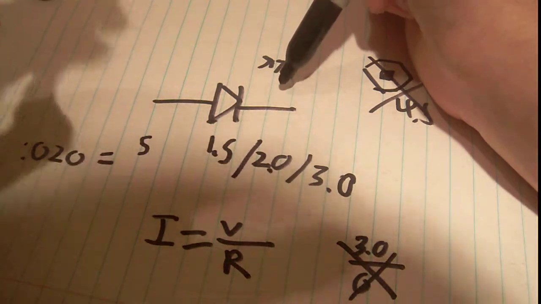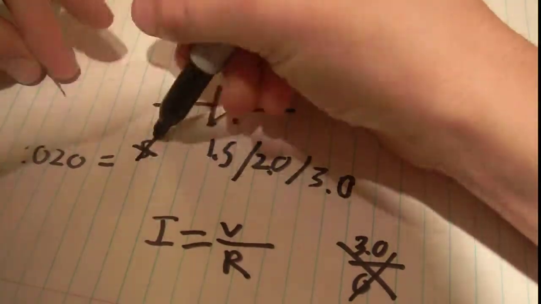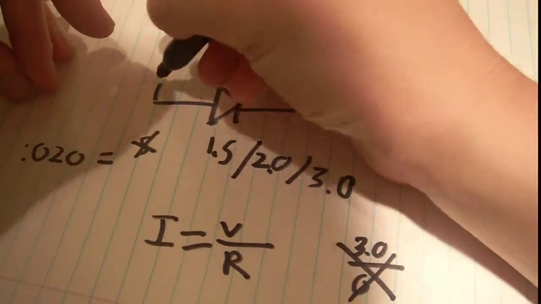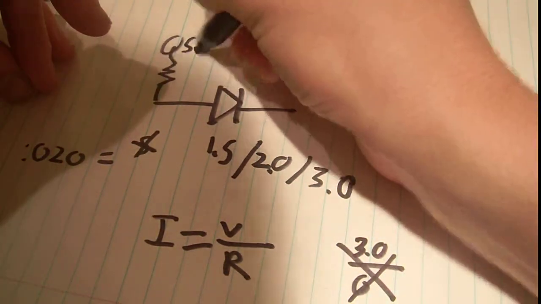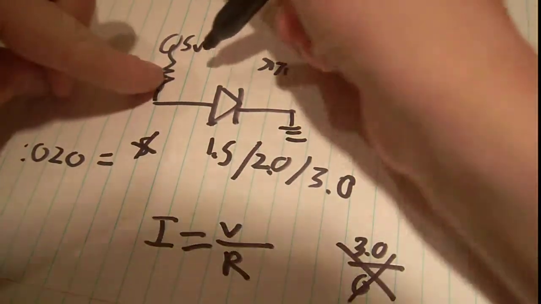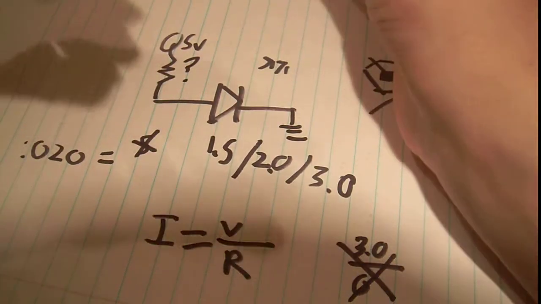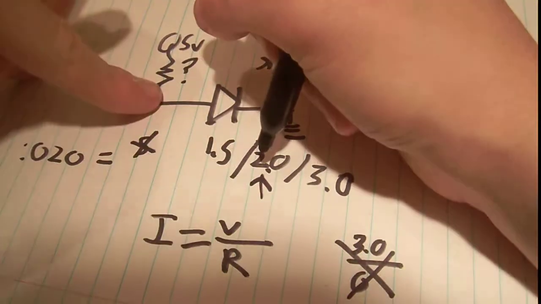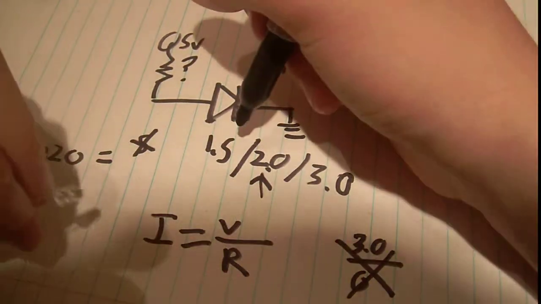So say your supply voltage was 5 volts, and say your LED is one of these 2 volt varieties. That means your resistor has to drop 3 volts.